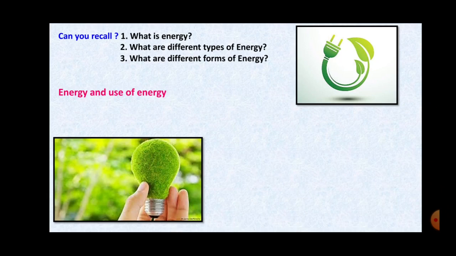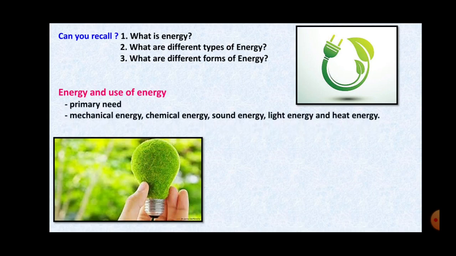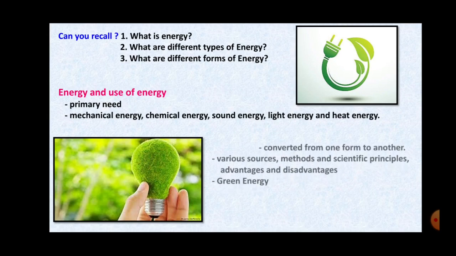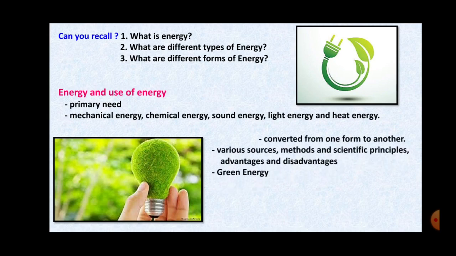For different types of work, different types of energy are required: mechanical energy, chemical energy, sound energy, light energy, heat energy. These are the different forms of energy which are used to fulfill our requirements. So we need energy in different forms to do any type of work.